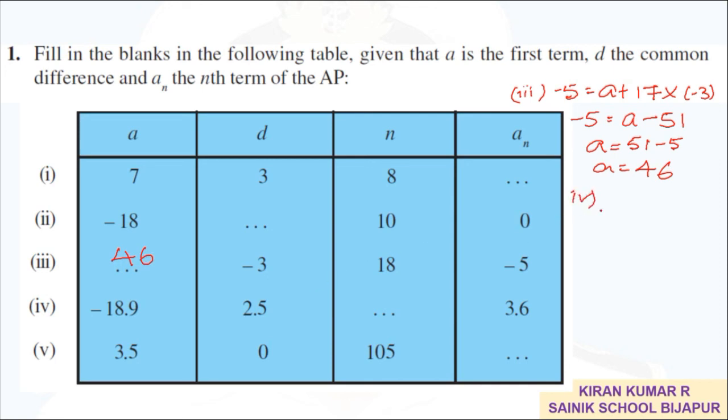In the fourth question, we have n to be found. an is 3.6 equal to minus 18.9 plus n minus 1 times 2.5. So 3.6 equals minus 18.9 plus n minus 1 into 2.5. When you transpose, it becomes positive.